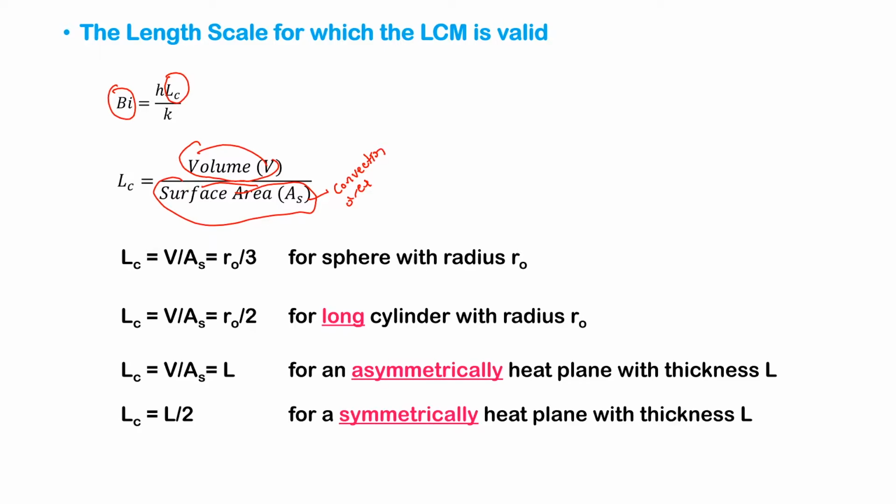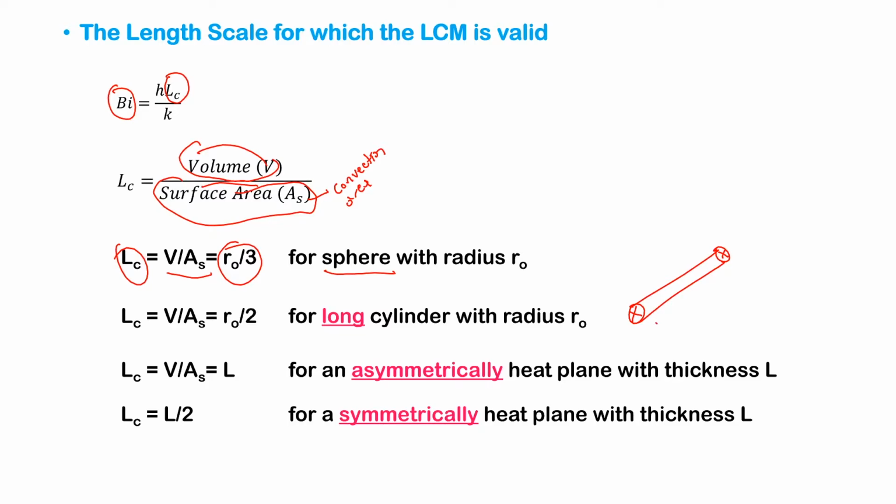So now if you apply the formula for a sphere, you know how to calculate the volume of a sphere and you know how to calculate the surface area of the sphere. You take the ratio, and you'll see that this characteristic length is the radius over 3. And if you have a long cylinder, that means we are neglecting the caps in convection.